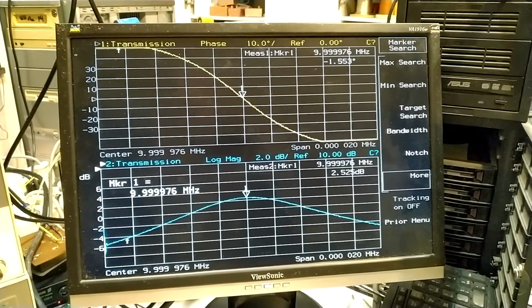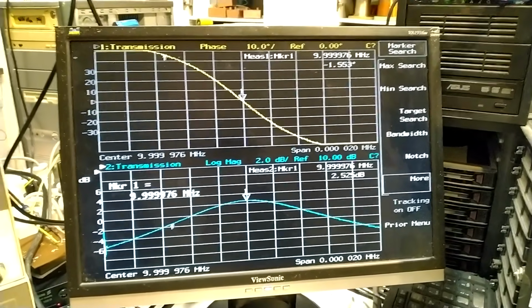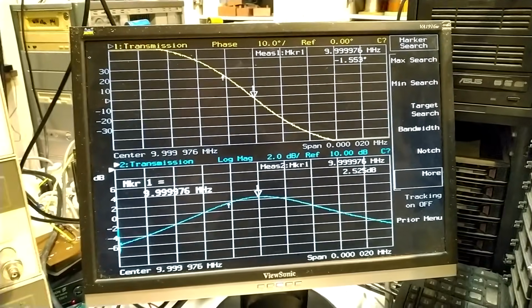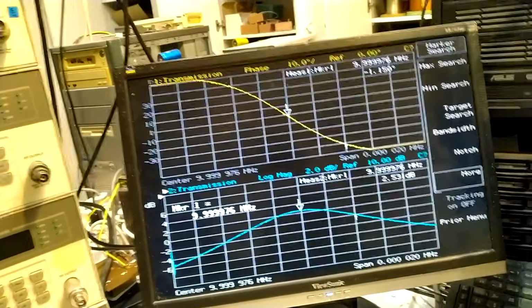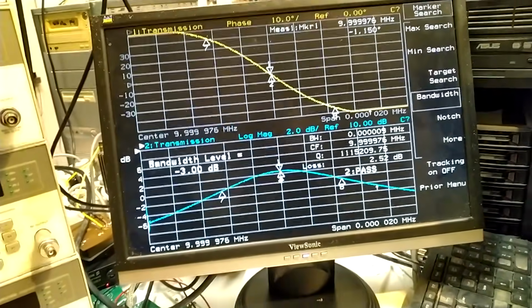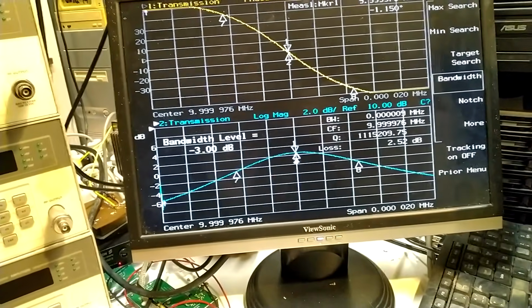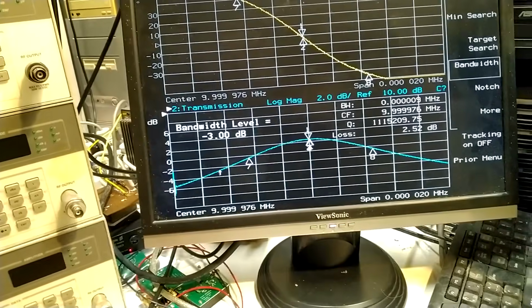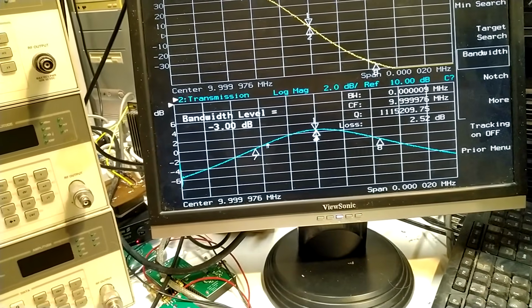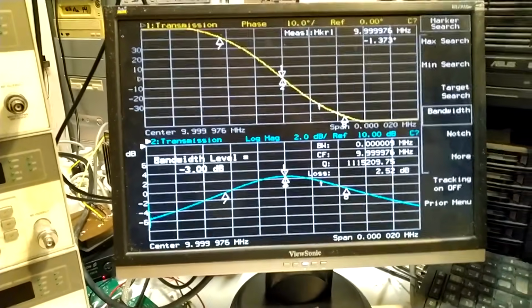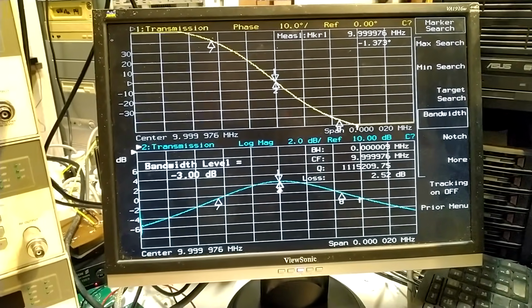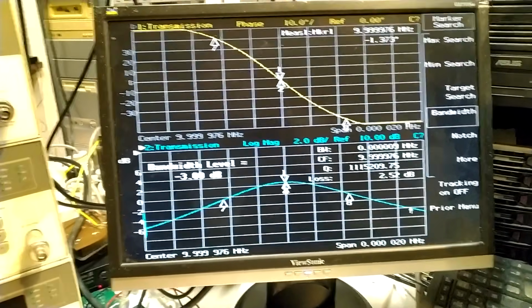Here is the frequency response. It looks perfectly okay, with the phase close to 0 at the peak. And when I look at the bandwidth, I find the Q is 1.11 million. So there's nothing wrong with the crystal filter as it comes to the frequency response.